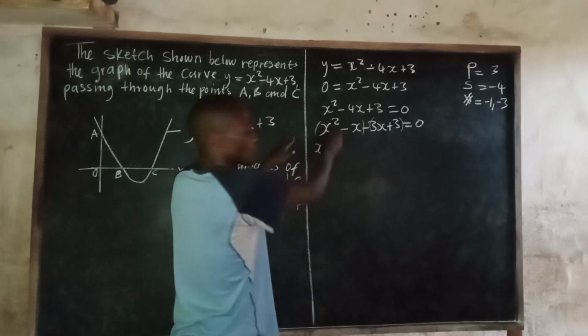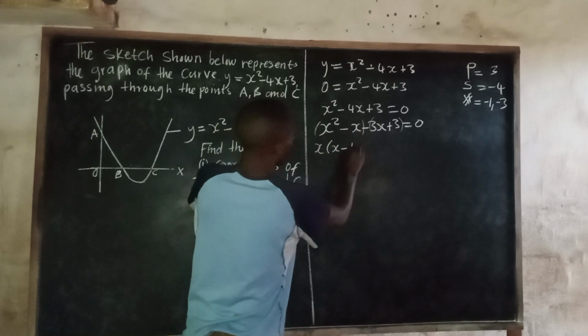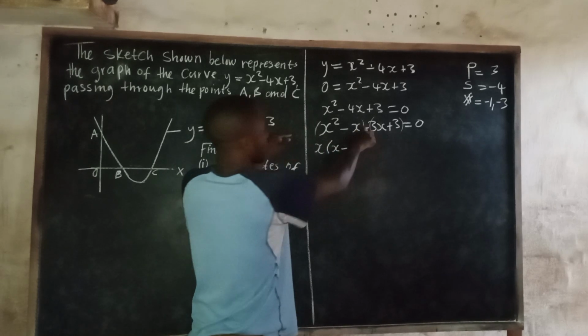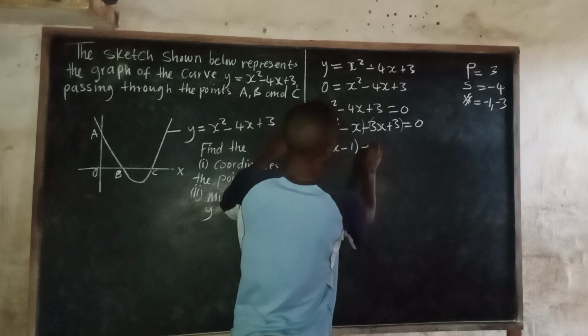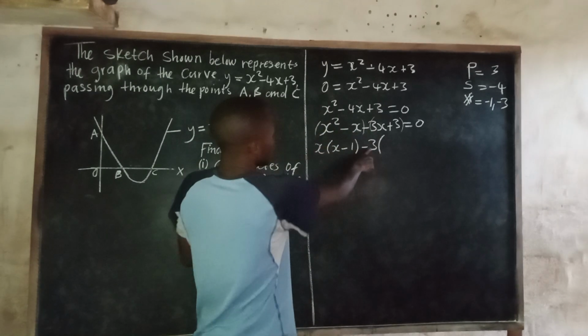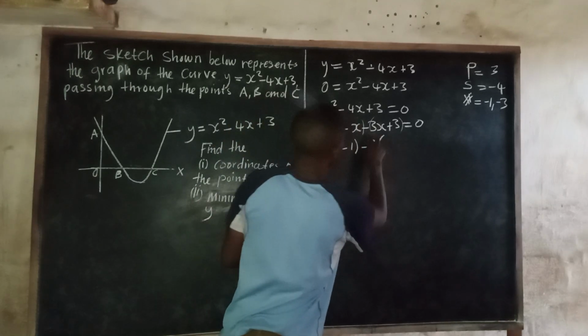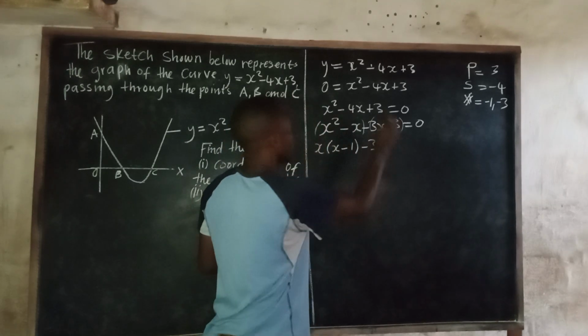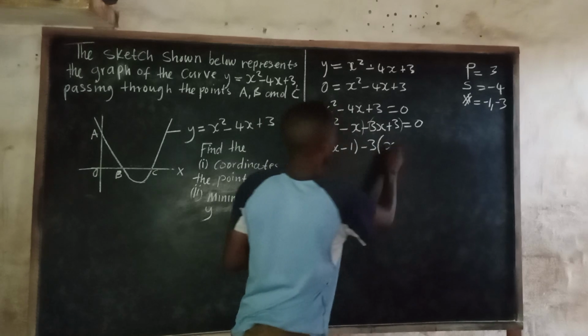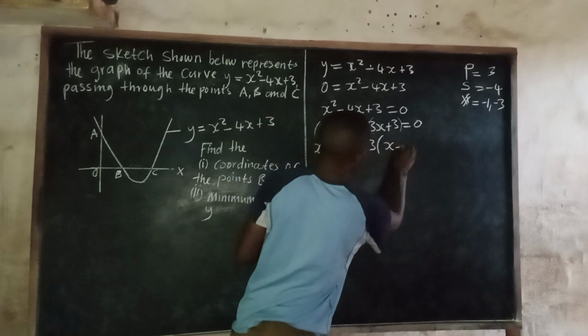So x into x squared is x, then minus x into x is 1. Remember here we have a negative there. The common is negative 3. So negative 3 into 3x, we are going to have negative 3 into negative 3x, we are going to have x. Then negative 3 into positive 3 is negative 1.